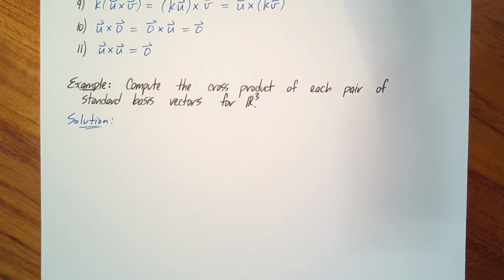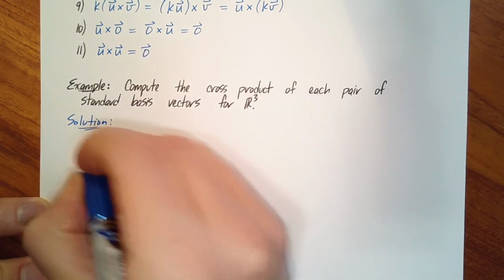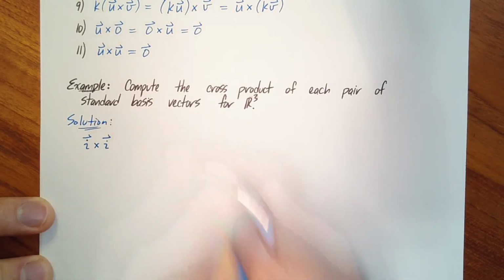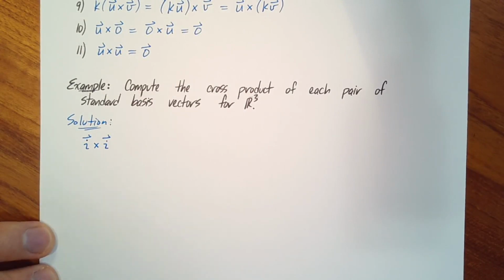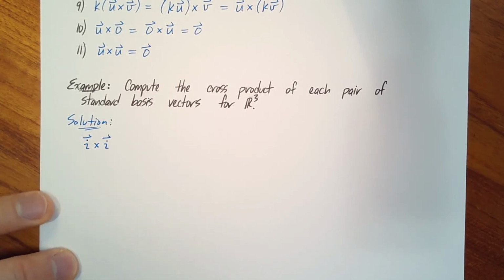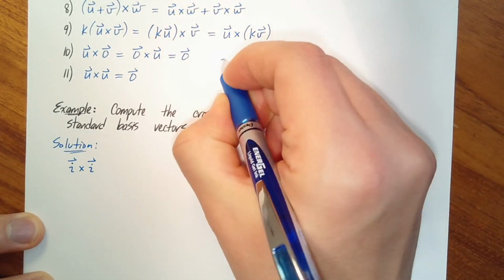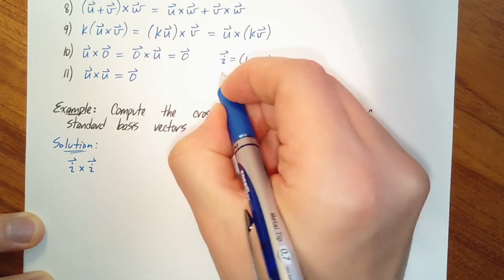So the first cross product that you might consider is I cross I, the cross product of I with itself. And just for reference, we've already said this before, maybe I'll just sneak it in here. Remember that I is the vector 1, 0, 0.